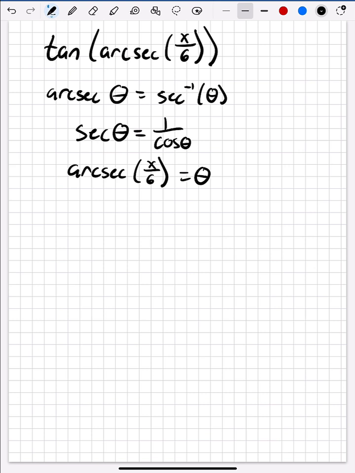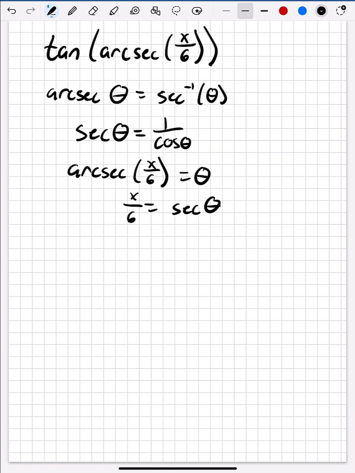All right. Well, to undo arc secant, I just take the secant of both sides and say, well, the secant of our unknown angle theta is x over 6. Okay.